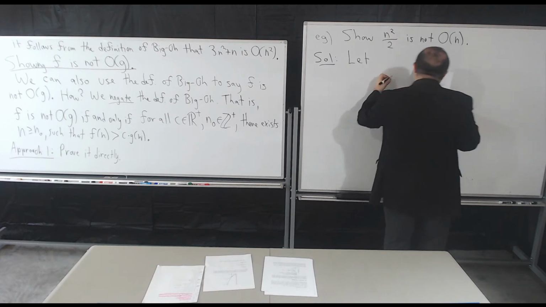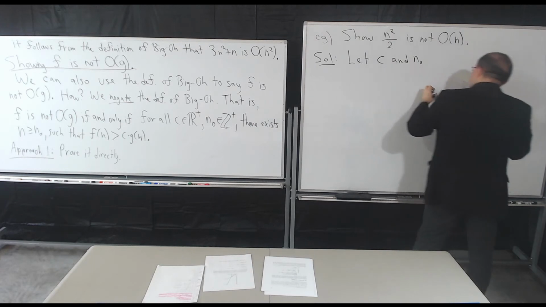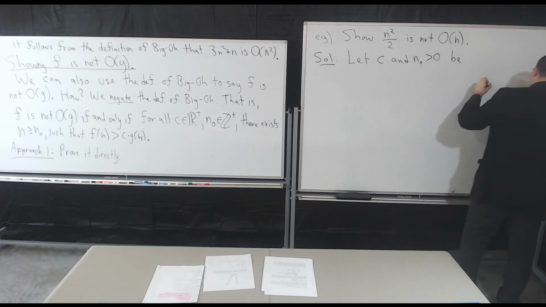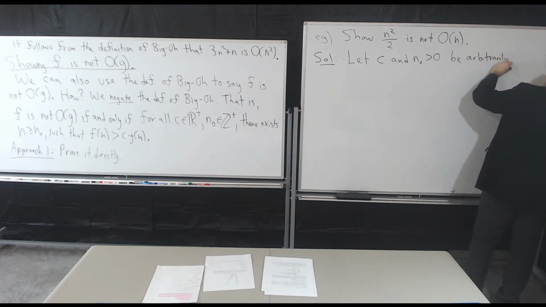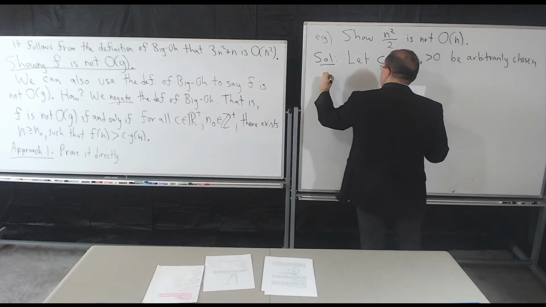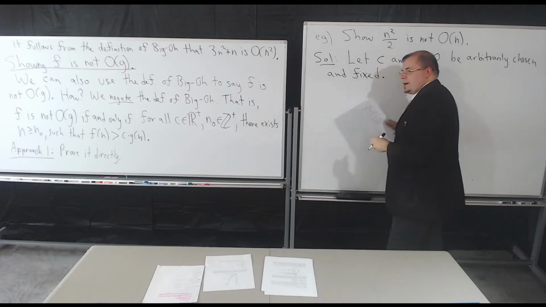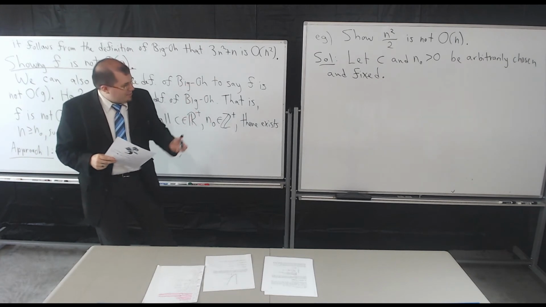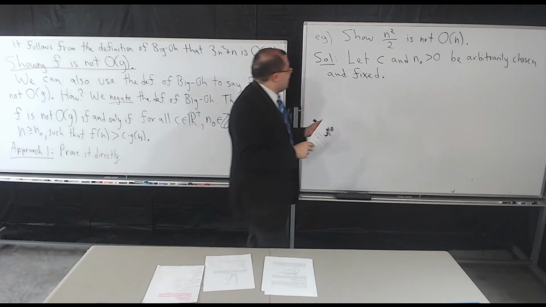So let C and N0 be arbitrarily chosen and fixed. Then I come out from underneath the table and say, hey, up here, here you go, there's C and N0. Do something with it, okay?